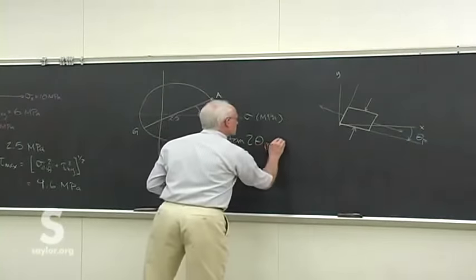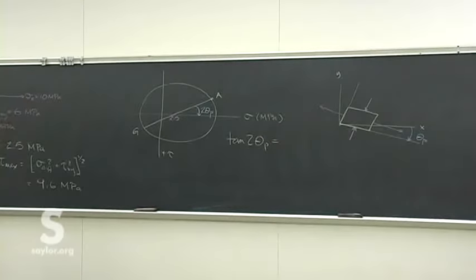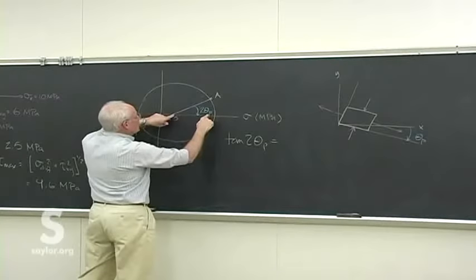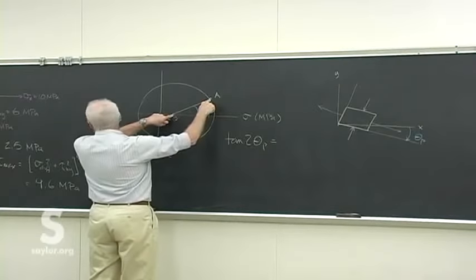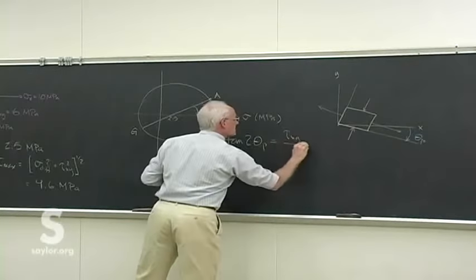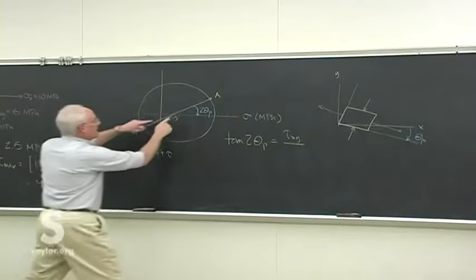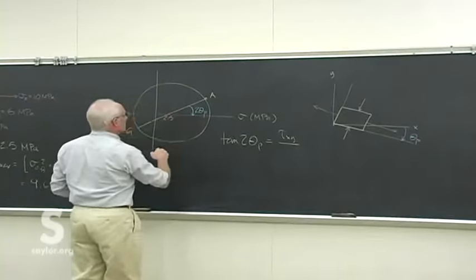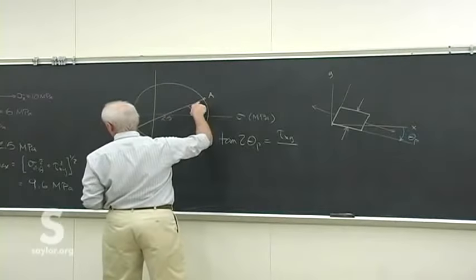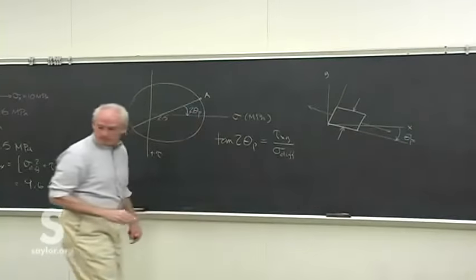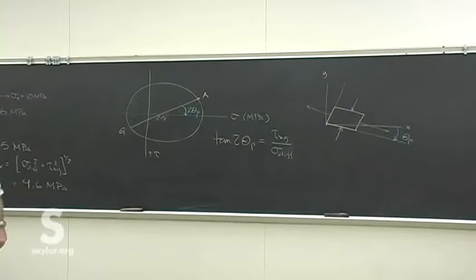This happens to be the principal direction, and remember this is tau xy in the x direction, and the y direction is sigma diff. I think that's the piece we need, and that's 2 theta.